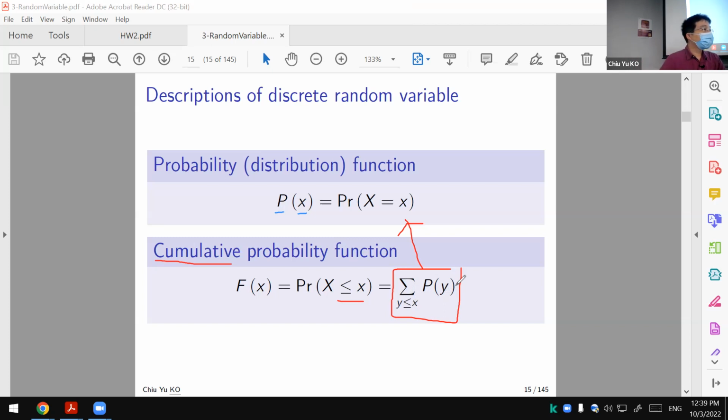Is that okay? It shouldn't be a big thing, but you may ask why I want to talk about this, because you would imagine that having the p would be sufficient for all purposes. Yes, it's sufficient, but F will come up naturally when we talk about continuous, so that's why we learn it, just to know.